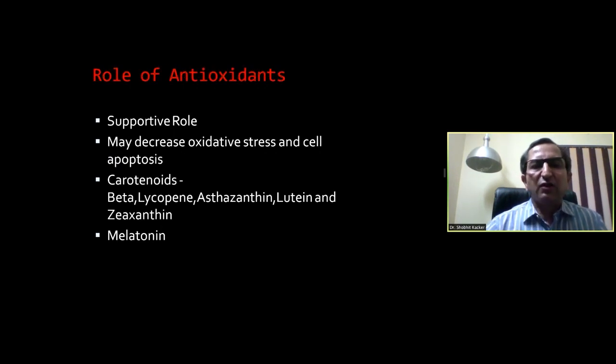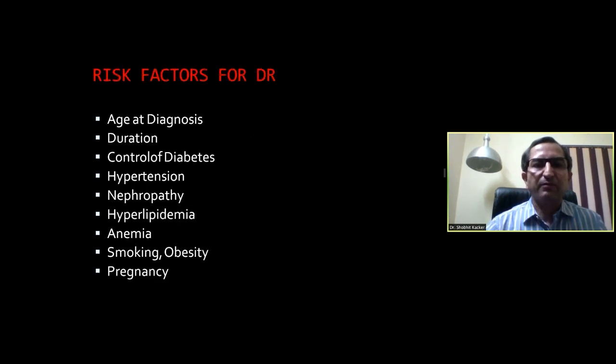The role of antioxidants is a supportive role. It can decrease the oxidative stress and the cell apoptosis. And mainly the antioxidants consist of the carotenoids and melatonin. What are the risk factors of diabetic retinopathy? We feel that these patients would have a higher chance of developing the disease: the age at the time of diagnosis, the duration of the disease. Greater is the duration, the greater are the chances for the retinopathy to occur.